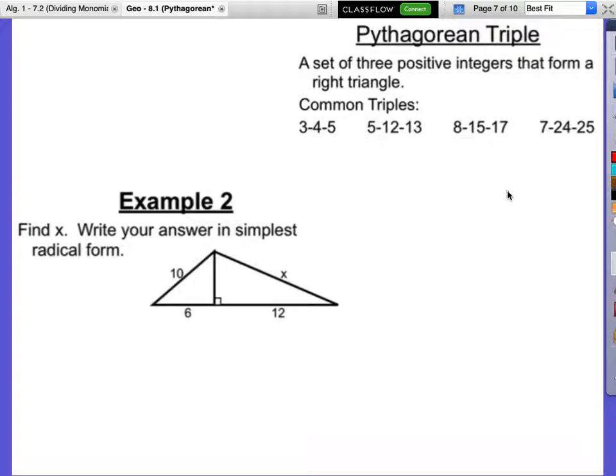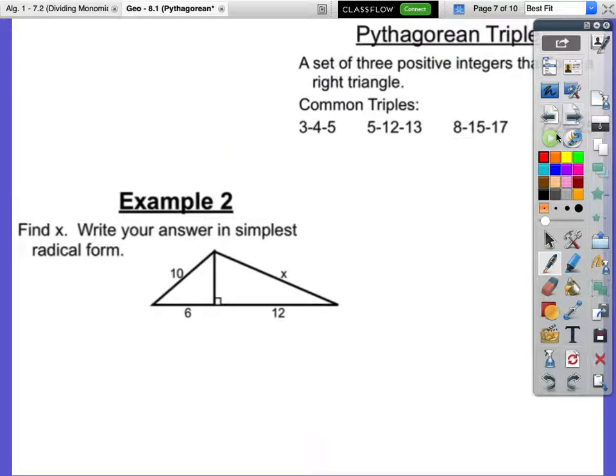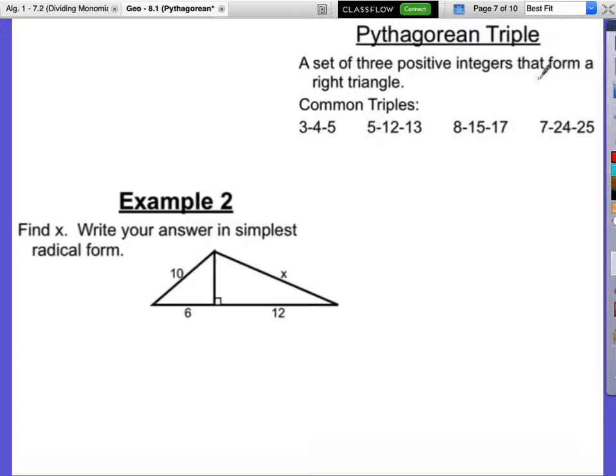Now, not every time you have a whole number that works out like a perfect square, like Faith was asking, is it a Pythagorean triple. But sometimes when they are, it'll be because of a Pythagorean triple. It's a set of three positive integers that form a right triangle. So if you have a triangle with these lengths, it'll always form a right triangle.